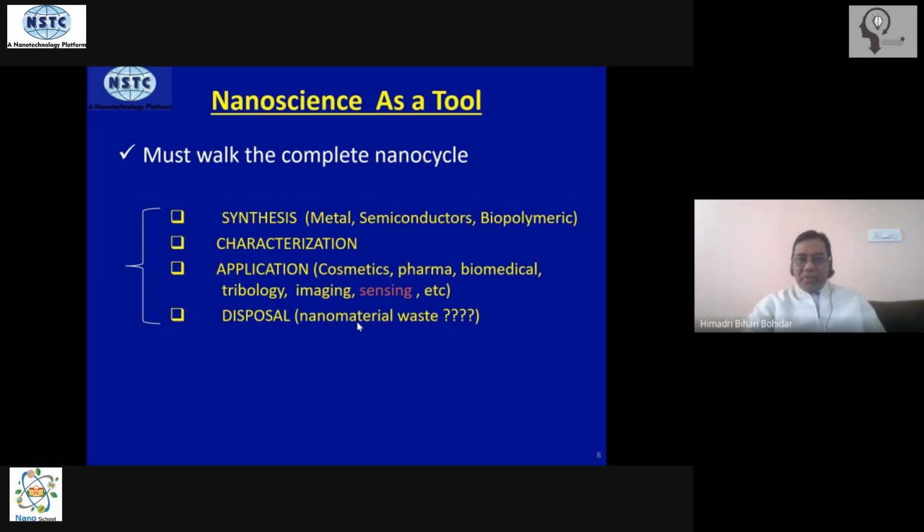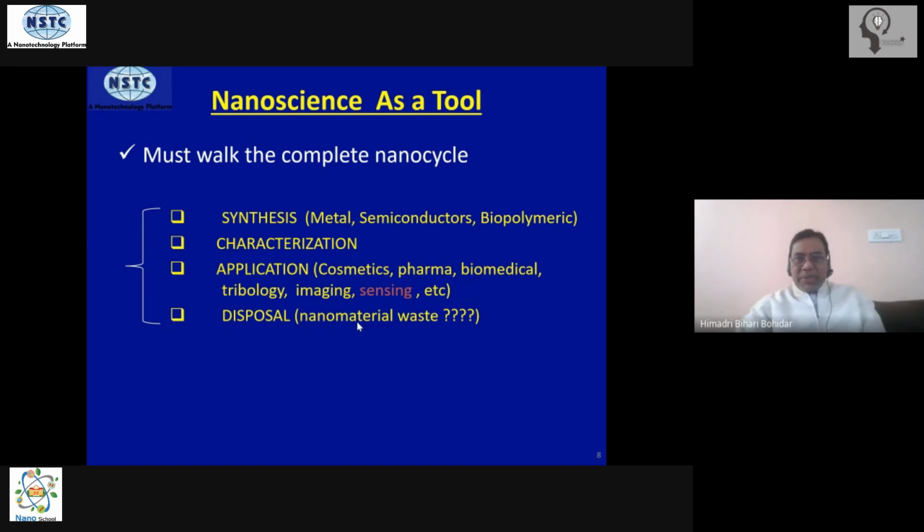Applications can vary from cosmetics to pharma, bio, imaging, etc. Our focus is on sensing. So we'll look at the first three: synthesis, characterization, and sensing applications. And in sensing applications, we will focus on color sensing, which basically means naked eye sensing of analytes.